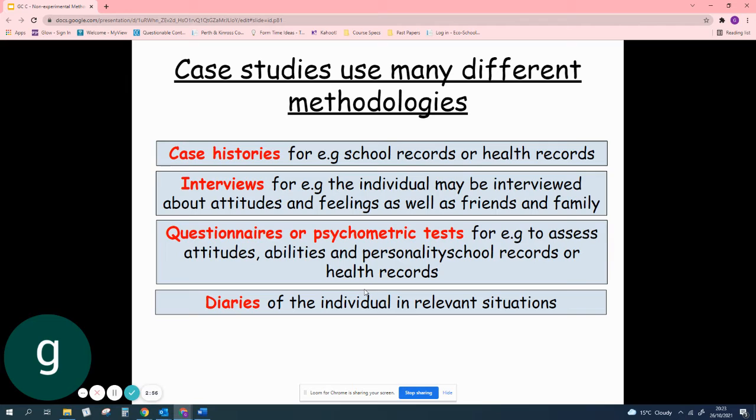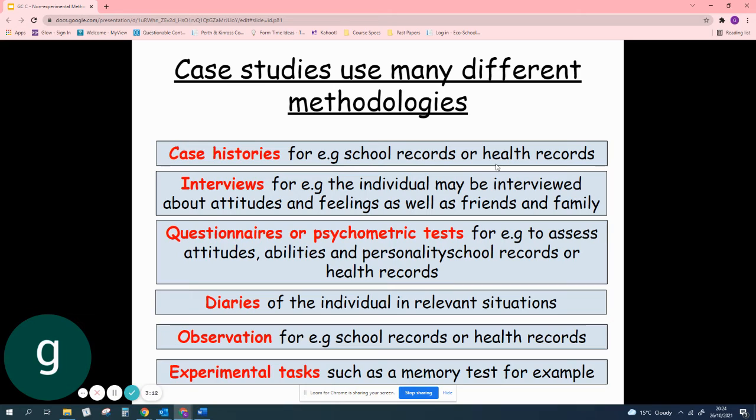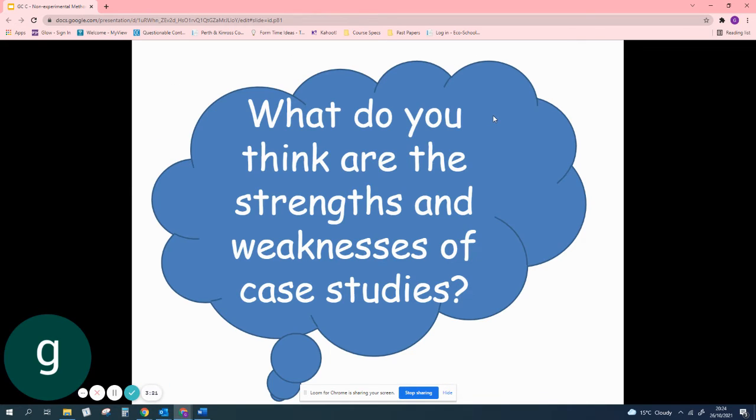Remember, in psychology, we're not looking for a definitive answer, we're just looking to describe the situation we're faced with. And observations. We've talked again about the flaws of observations, but as part of a case study they're useful to add to the overall body of information. And then experimental tasks such as memory tests, fitness tests, and other such tasks.